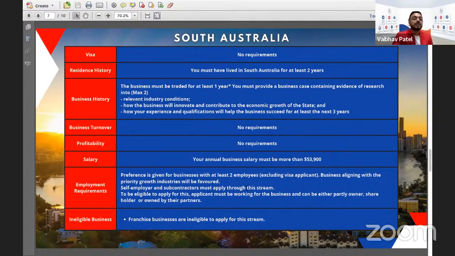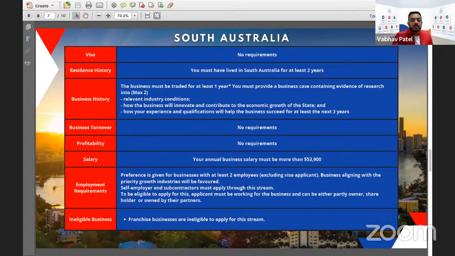Now, generally in South Australia, if you employ at least 2 employees, you get more preference, and if your business is in line with the priority growth industry, then you are favored even better. South Australia has a list of industries that they want to promote, which they call priority growth industries.